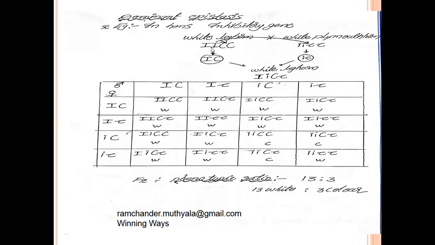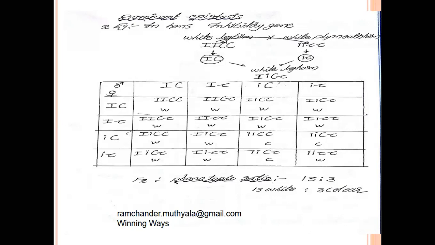Here, from the white leghorn, the capital I gene acts as an epistatic gene, and capital C, small i, small c, these three genes act as hypostatic genes. Meaning, in the presence of capital I, these three genes cannot express their own color or character, because these characters are suppressed by capital I gene.